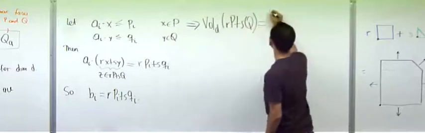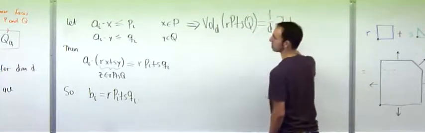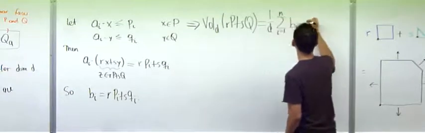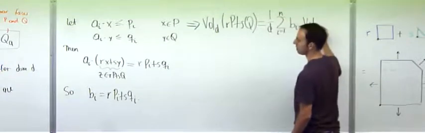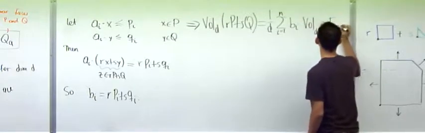So according to that formula, it looks like this: the sum of b_i times the (d-1)-dimensional volume of F_i.